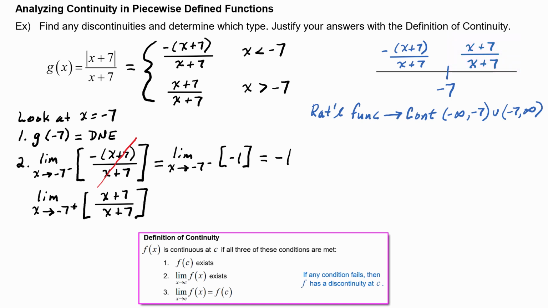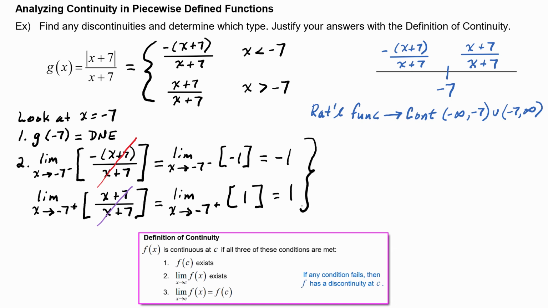Because we are in the limit, we can cancel out the common factors. So this equals the limit as x approaches -7 from the right of 1, and that limit equals 1.